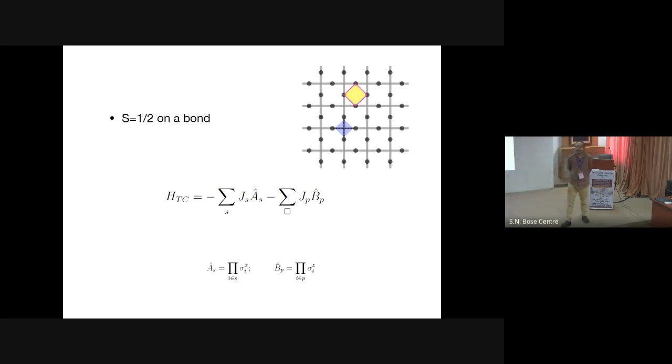Is there a reason for choosing the Z component for the plackets and X for the sides? You can flip them, but this particular form, one x and one z, ensures their exact solvability. Most of what I say is basically a particular feature of this Hamiltonian.